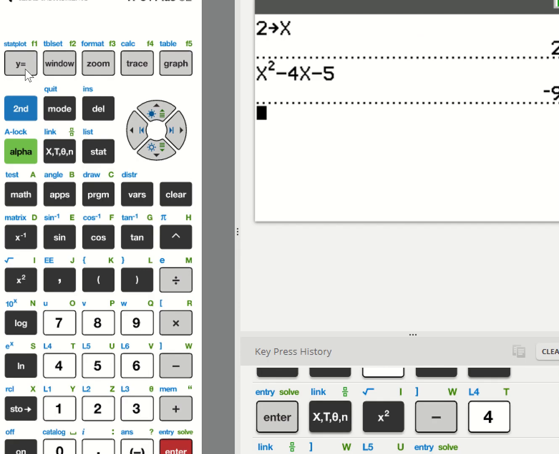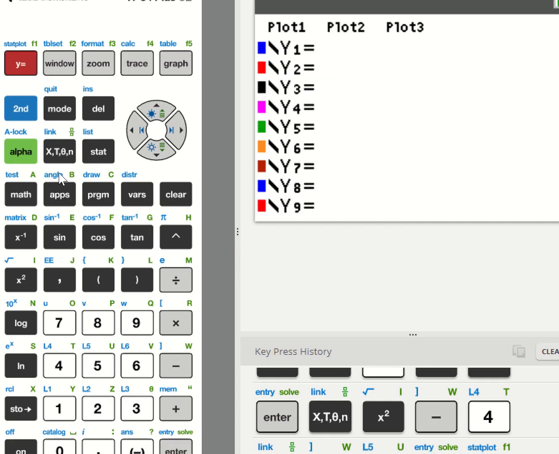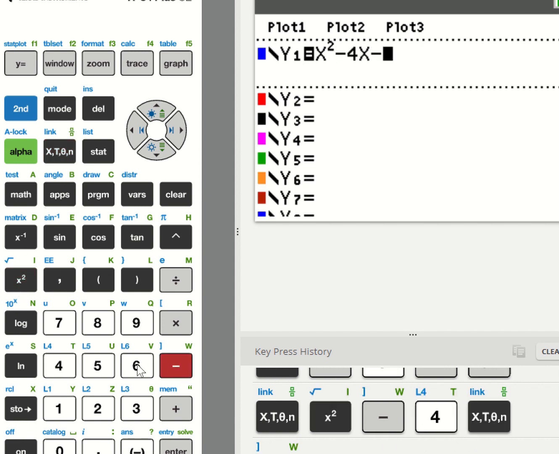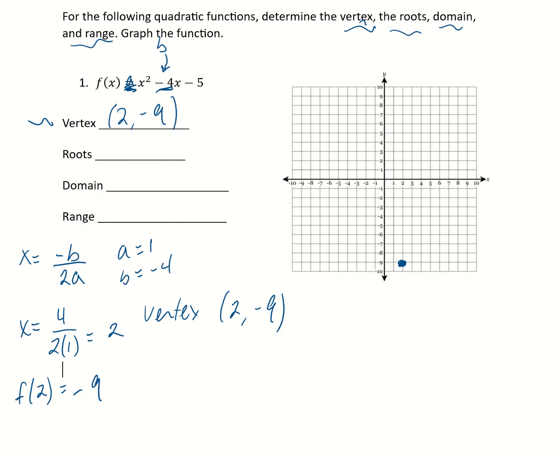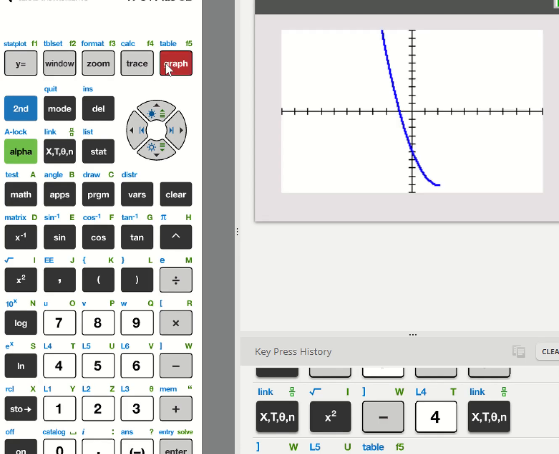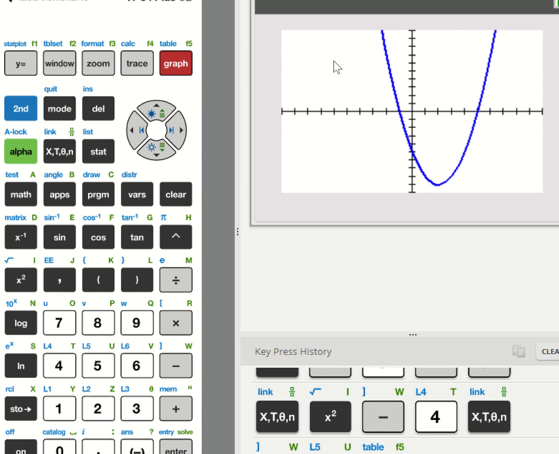So I'm going to go to y equals, and I'm going to type my function, x squared minus 4x minus 5. Just going to make sure I type that correctly. Yep. Okay. I'm going to graph it quickly so we can see what it looks like. And we've already got the correct vertex. I'm going to go to my table.